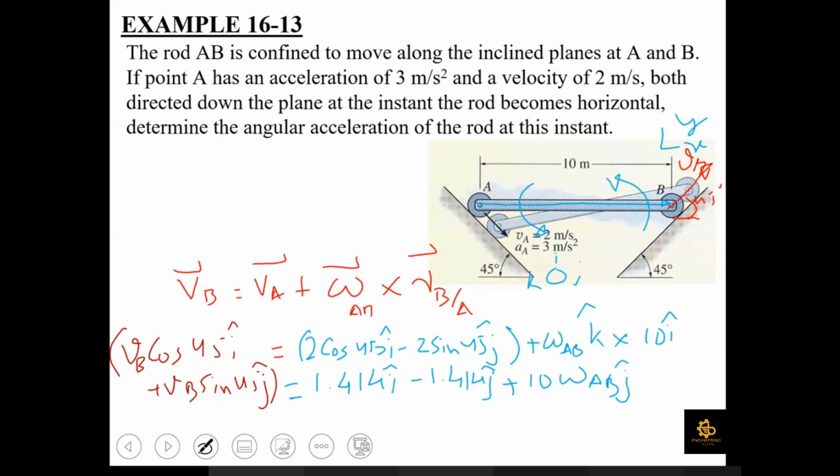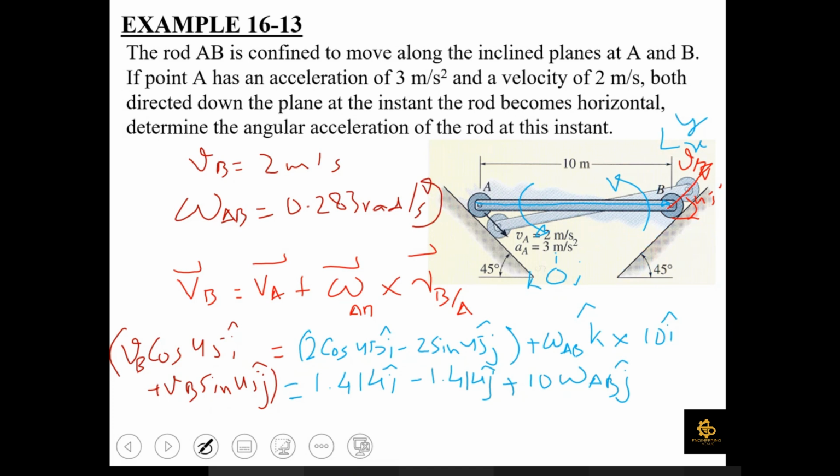So it is a vector equation. So you are going to compare the i and j coefficients on both sides of this equation. Once you compare these i and j coefficients, you are going to get the values as V_B comes out to be 2 meters per second, whereas omega AB, which is required for applying relative acceleration equation, comes out to be 0.283 radians per second, and it comes out to be a positive quantity.